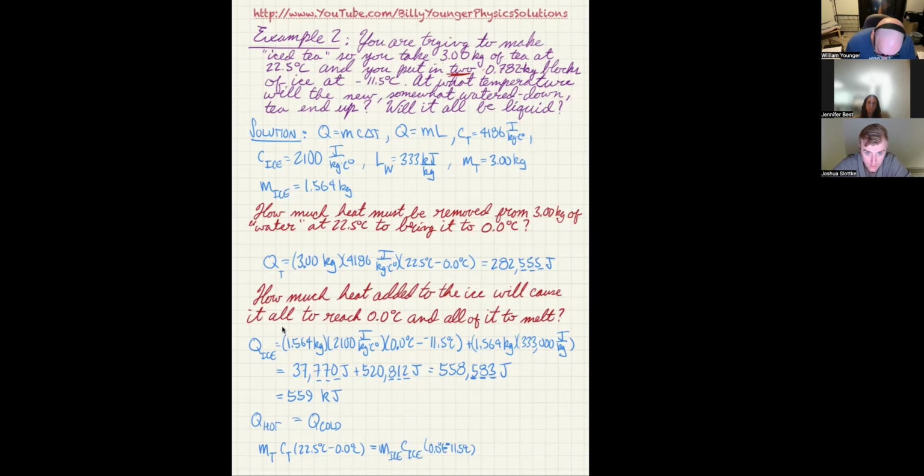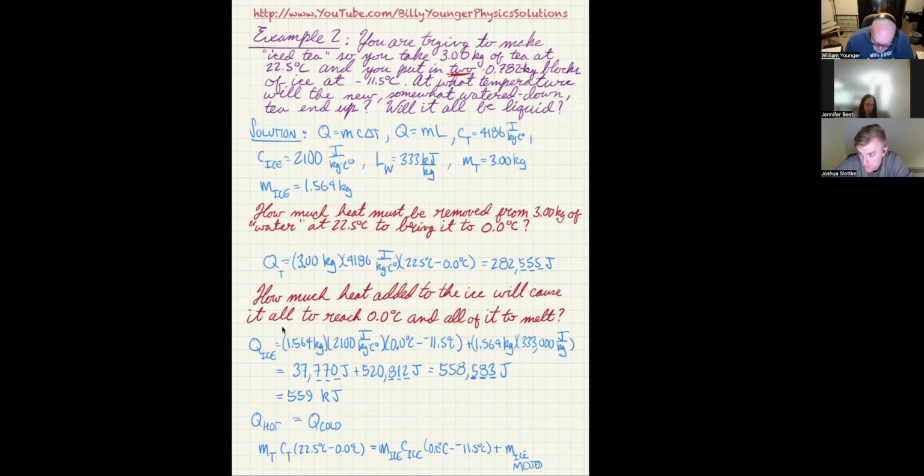Actually, that's really horrible. Let me write that a little better. I try to fit that C in after the fact. Minus negative 11.5 degrees Celsius. And then I also have the mass of the ice. In this case, it's not necessarily going to be all melted. So the mass of the ice melted would just be this little quantity.